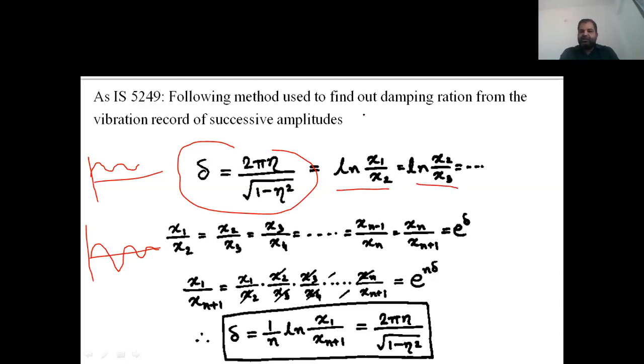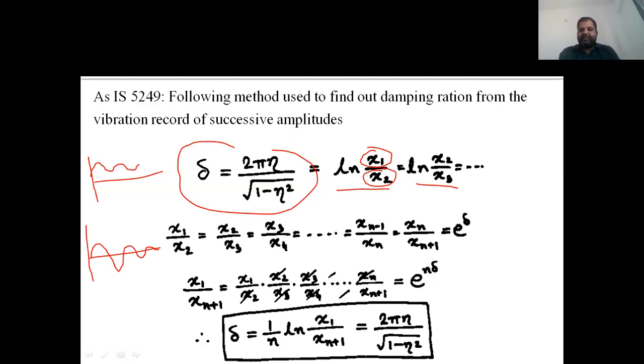Basically here you need to know the successive amplitudes x1 and x2, but physically when you are doing the experiment in the field, it is very, very difficult to recognize two successive amplitudes in a very fast motion. And that is why this particular method has been established.